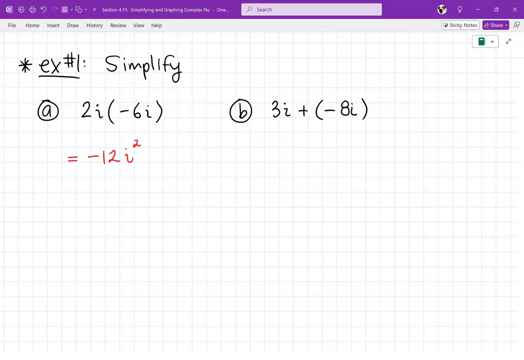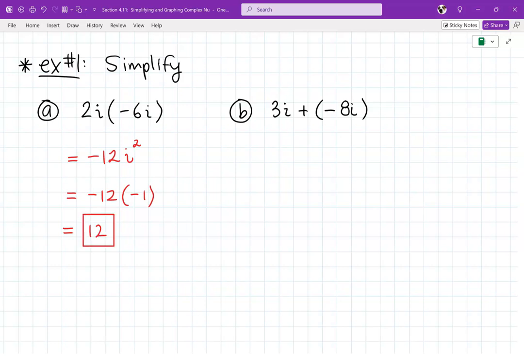But what can I replace i squared with? I wrote it just right now. Look on the very top part of your notes. -1, right? So this is -12 times -1. -12 times -1 is equal to +12, and you're done.